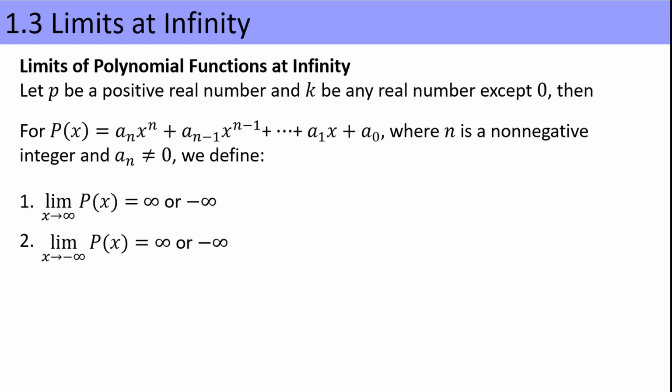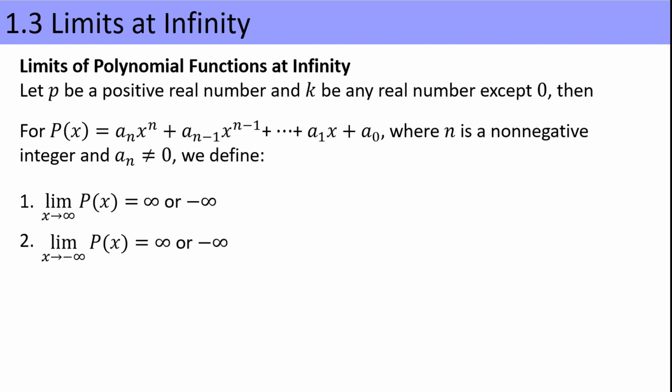Then, for the polynomial p of x described as a sub n times x to the n plus a sub n minus 1 times x to the n minus 1 plus ... plus a sub 1 times x plus a sub 0, where n is a non-negative integer and a sub n does not equal 0, we define 1. The limit as x approaches infinity of p of x equals infinity or negative infinity, and 2.